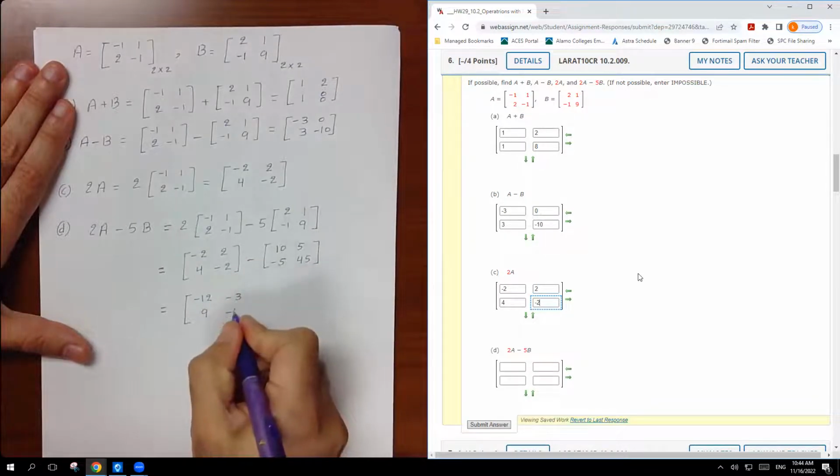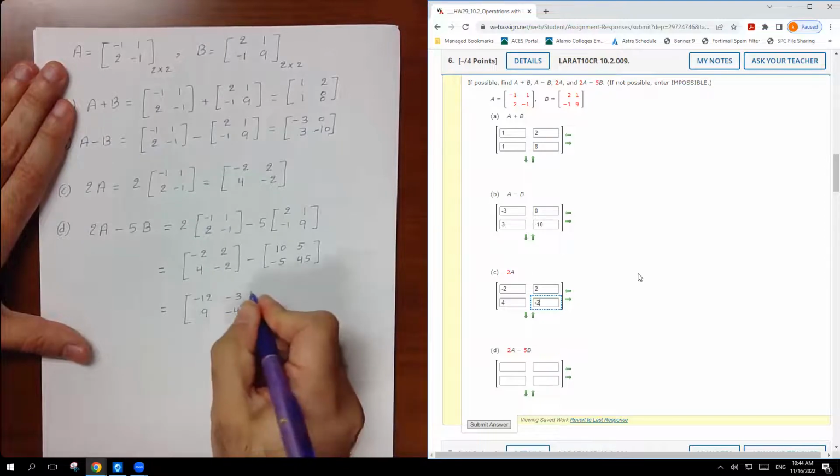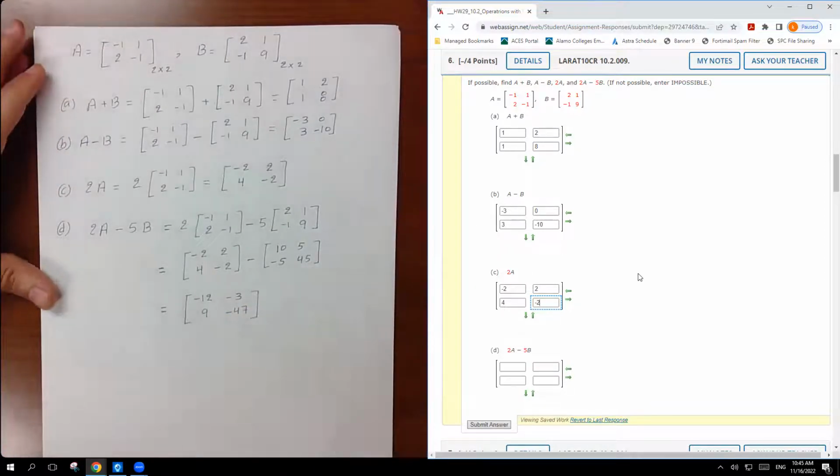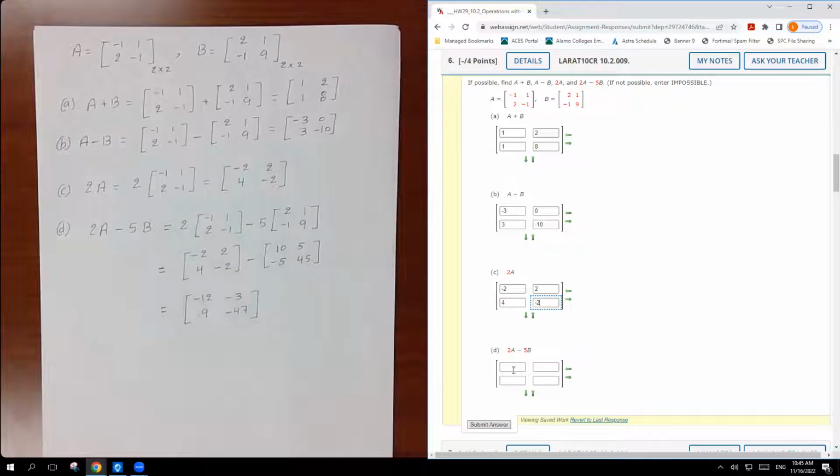It's going to be -47. That's it for this one. So here we're going to type -12, -3, 9, -47. That's it for this example.